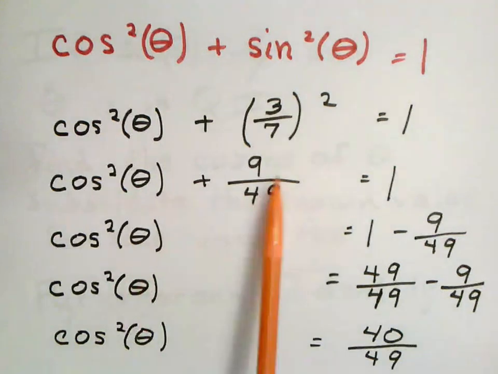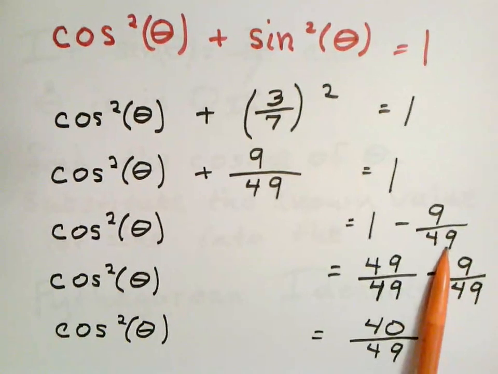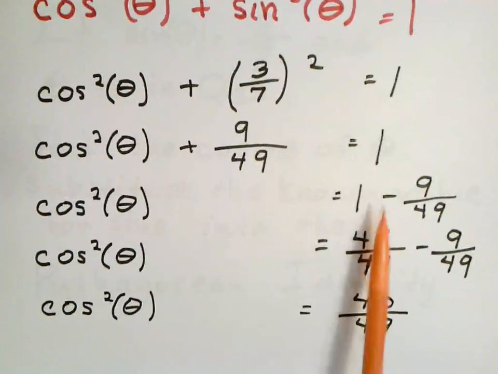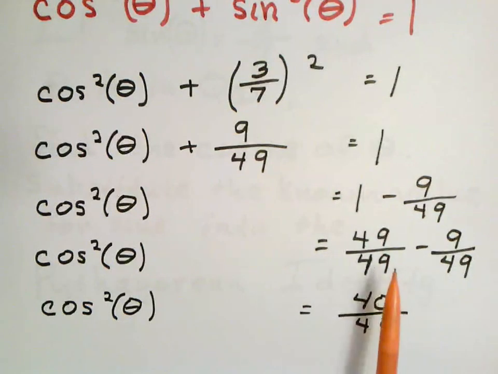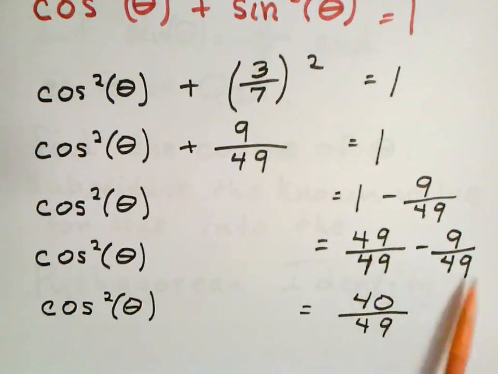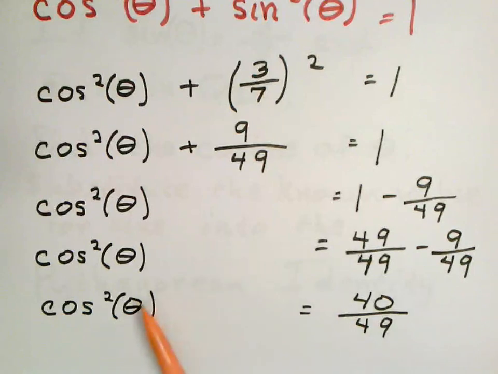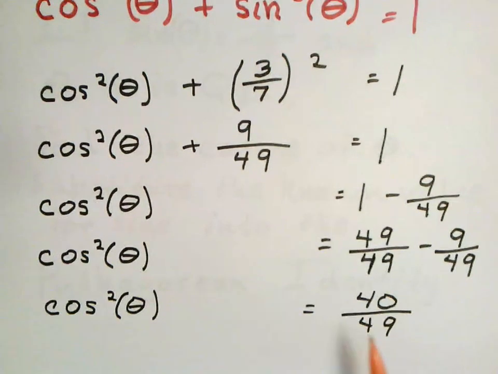We subtract 9 over 49 from each side, and we make 49 over 49, because in order to add or subtract fractions, we need what? The like denominator. And then 49 minus 9 is 40, so we have cosine squared of theta is equal to 40 over 49. But remember, we're looking for the cosine of theta.